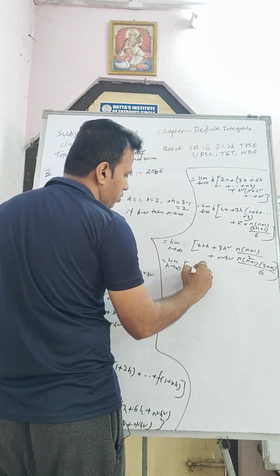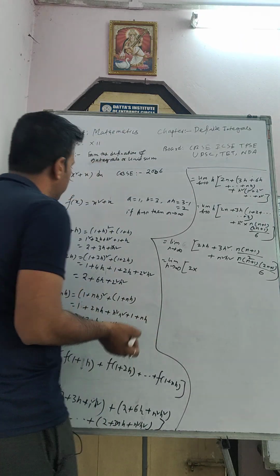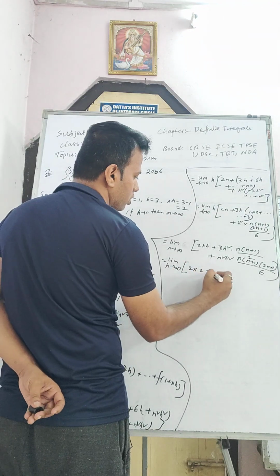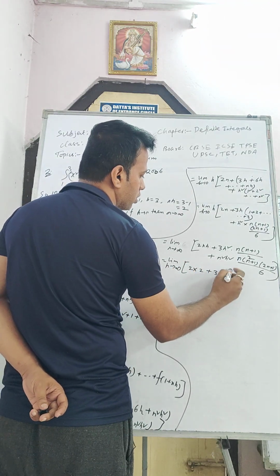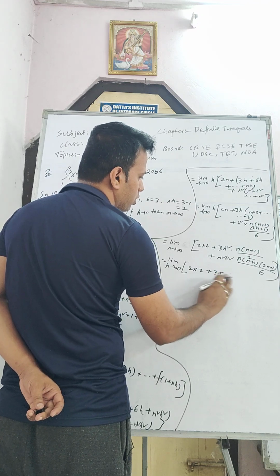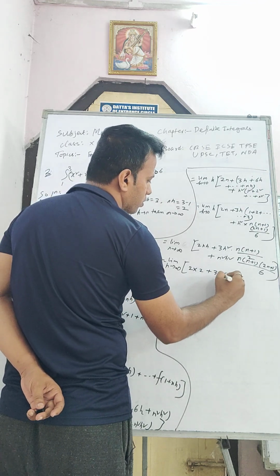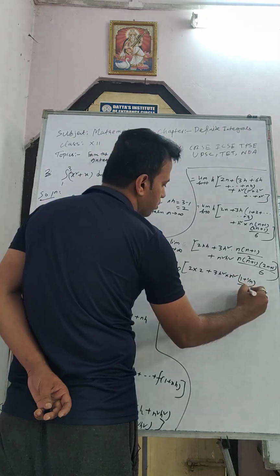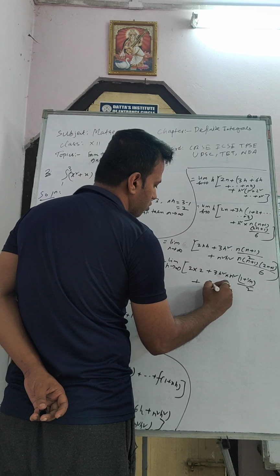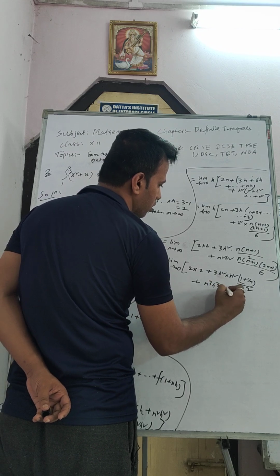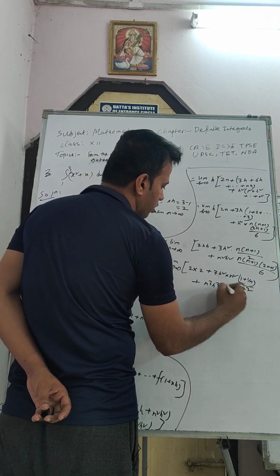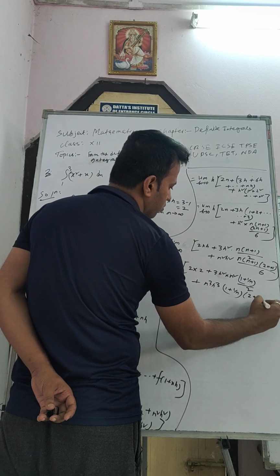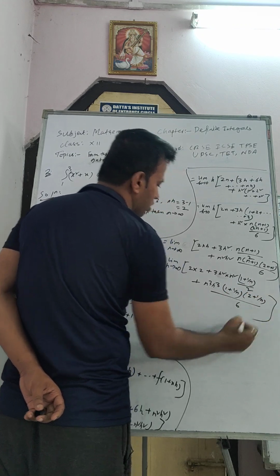This will be 2 into nh. Nh is what, sir? Nh is 2. It will be 3 into 2 square into 1 plus 1 by n by 2, plus 2 cube, 1 plus 1 by n, 2 plus 1 by n by 6.